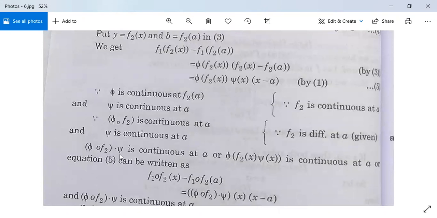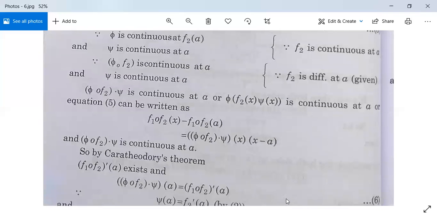Phi composition f2 psi is continuous at a, so phi composition f2 psi x is continuous at a, or equation 5. This can be rewritten as f1 composition f2 x minus f1 composition f2 a is equal to phi composition f2 psi x into x minus a, and phi composition f2 psi is continuous at a.